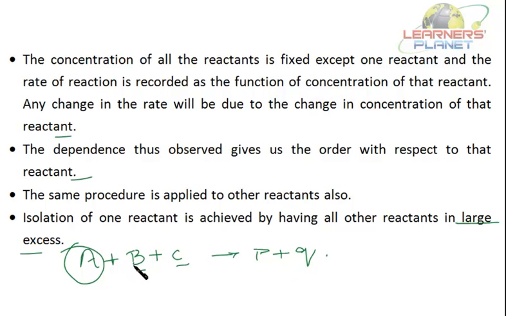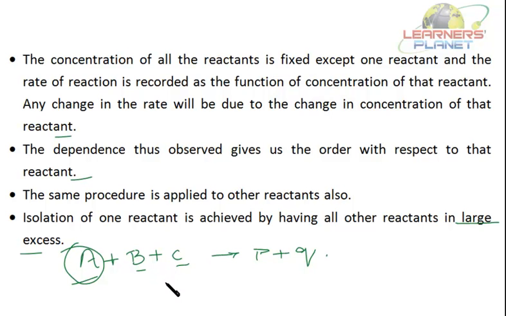Right? Because it is in very large excess, a very small change is there in the concentration. And A is taken in small amounts, so that the reaction rate is affected by the concentration of A only. Okay? So this is what the isolation method is.